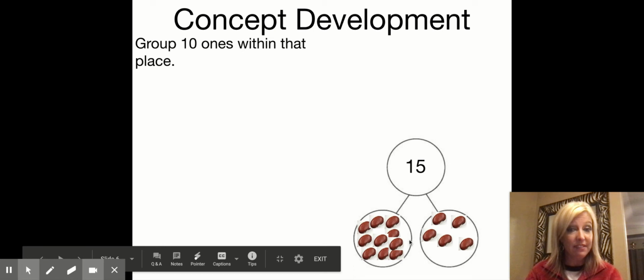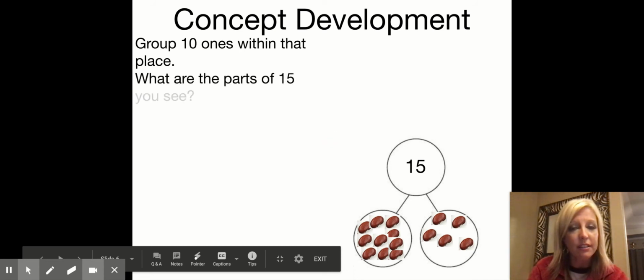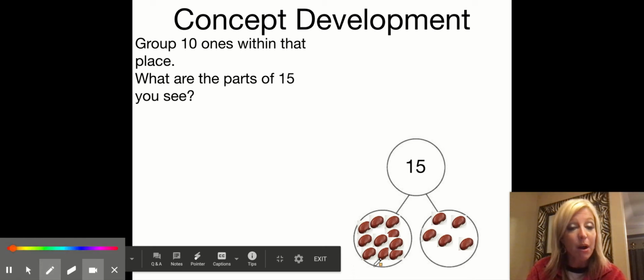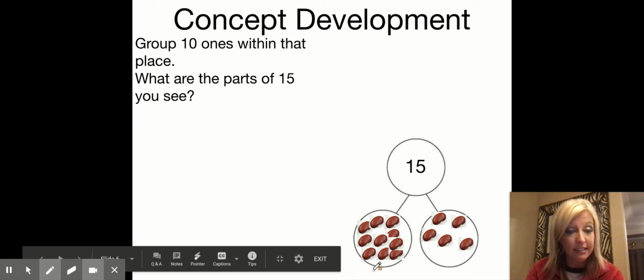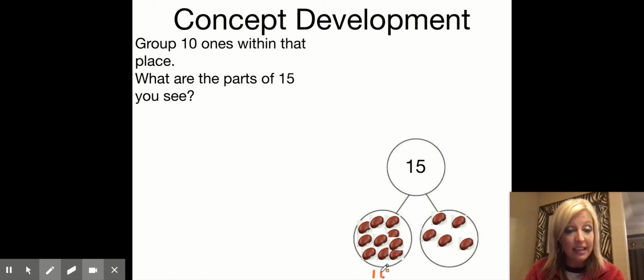Very good. We have 10 over here. So if we've pulled 10 away, how many are in our other part? Very good. 5. So the parts of 15 are what? 10 and 5.